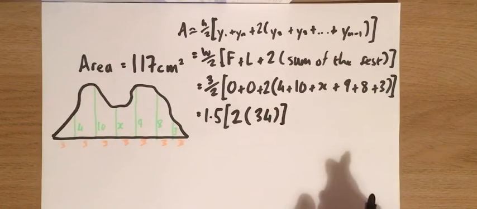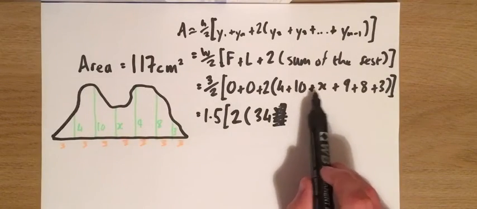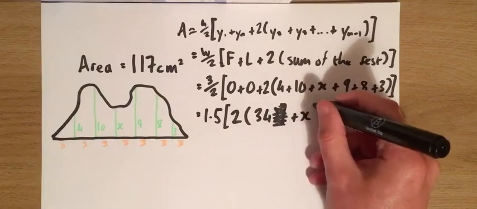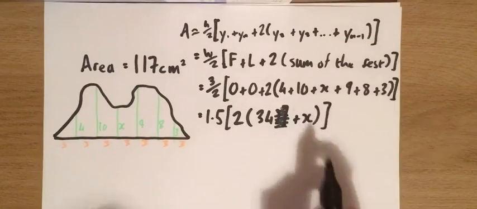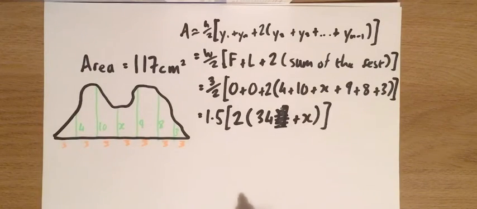So 34, but I've still got the plus x. So I can't add that on yet. Okay, so 2 times 34 plus x.